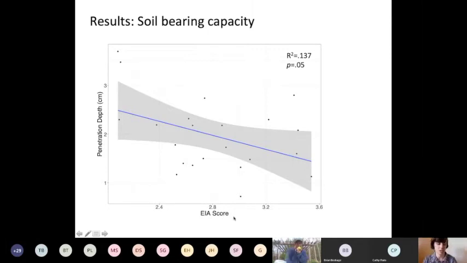So a number of quantitative and qualitative metrics go into the rolling up of that score, but it's a pretty good measure of overall condition. And so again, there seems to be a relationship between mean penetration depth in these sites and overall score.